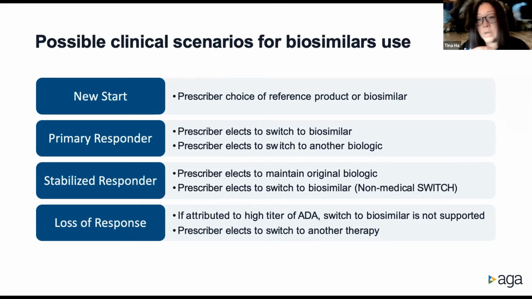But I want to pause here and ask, in reality, how would we address other scenarios where we may be asked to change to a biosimilar? For example, somebody's admitted to the hospital.